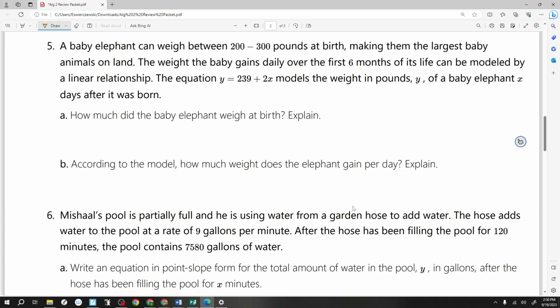If you plug in 0, 2 times 0 is 0, and all we get is this, 239. 239 plus 2 times 0 equals 239. Right? So 239 pounds.